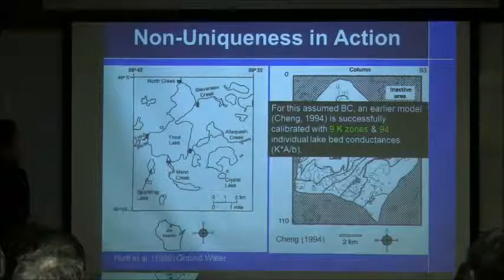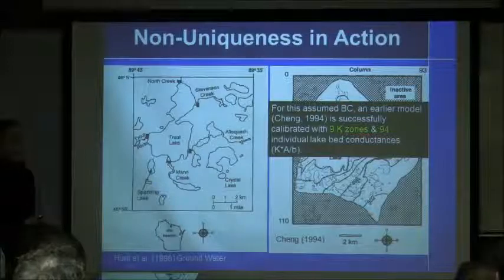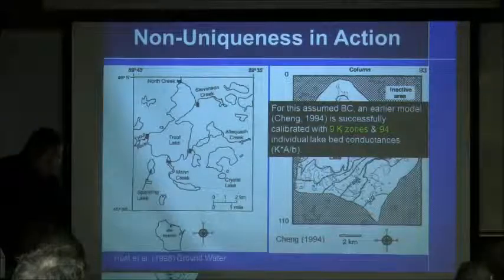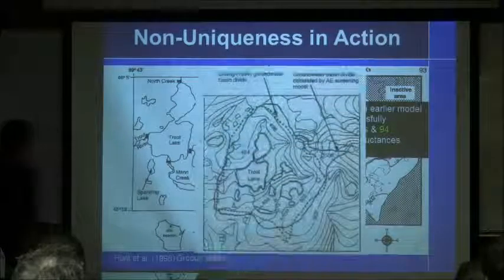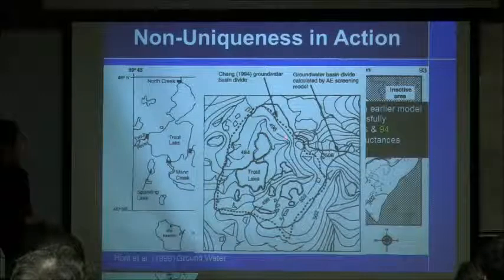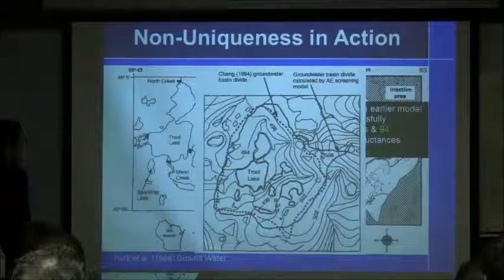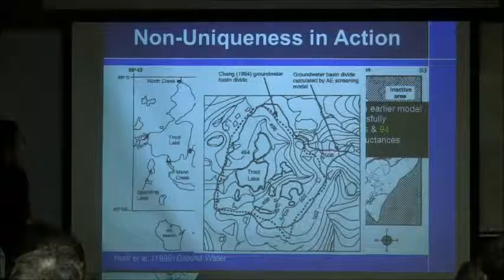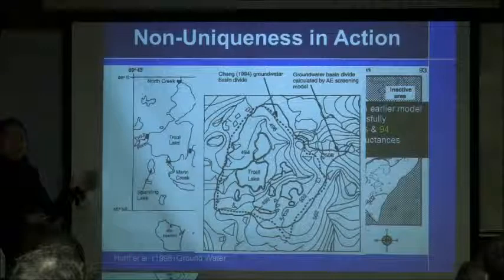So generally we can say it's successfully calibrated with about 100 different K values. A couple of years later, Hunt et al., 1998, slightly modified the original no-flow boundary. See, this dashed line is the original no-flow boundary. They slightly modified it based on additional data.